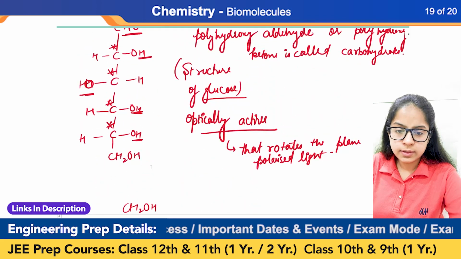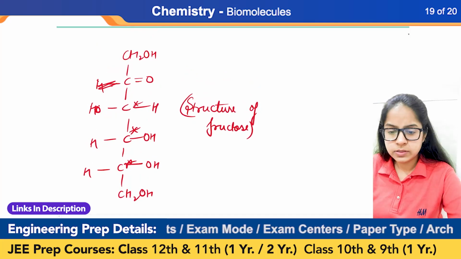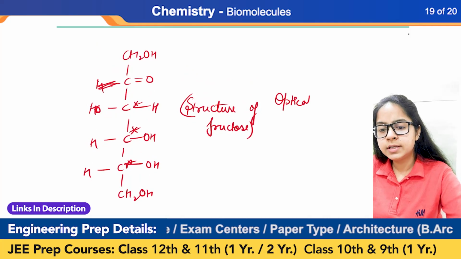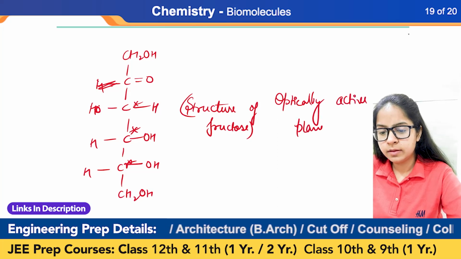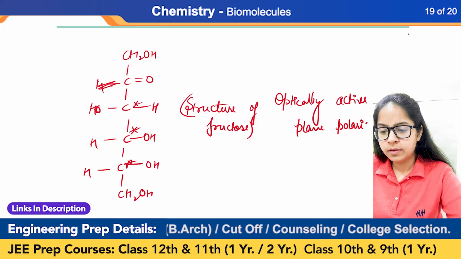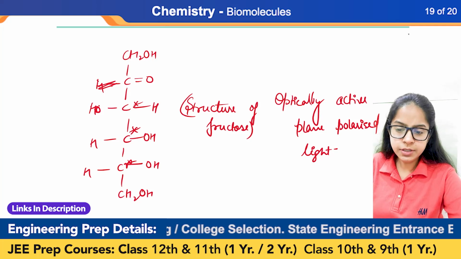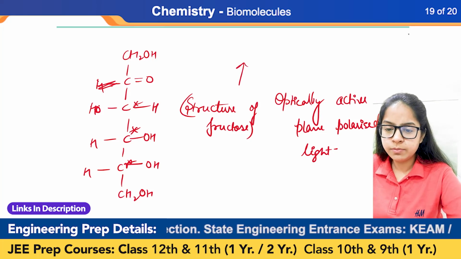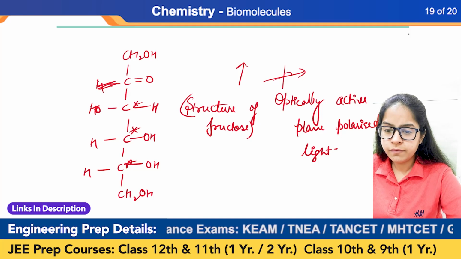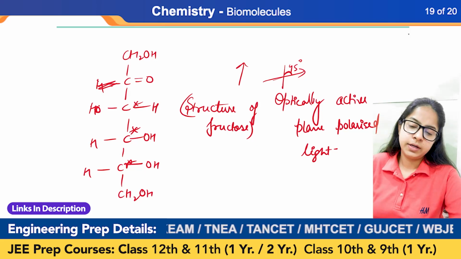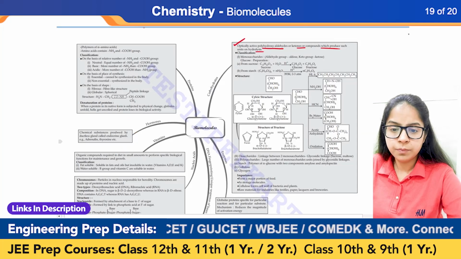This is optically active that rotates the plane polarized light, and this is also optically active that rotates the plane polarized light. Plane polarized light will rotate like this, and this is the center from where the plane polarized light will rotate. Now this is for the optically active compound.